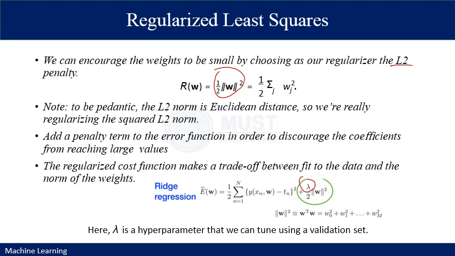So usually there are types of regularization: the ridge regularization provided here, the lasso regularization, and the elastic net. Ridge is just the square of your weights. In other words, it is the L2 form of regularizer.